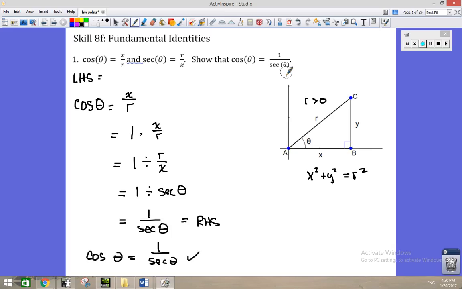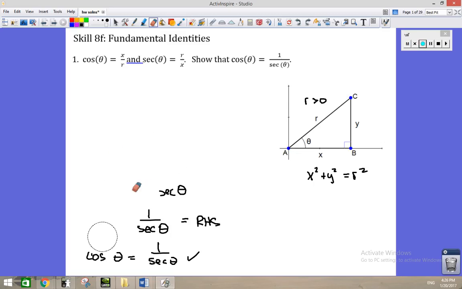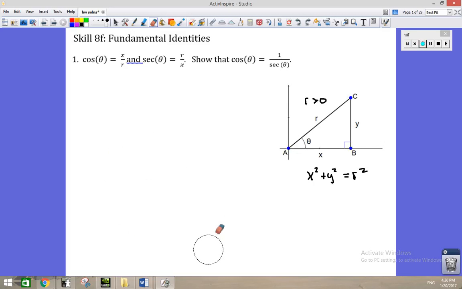So let's start with the right-hand side and see if people could have done it there. And probably, if given the choice, I would have picked the right-hand side because it appears to be more complicated than the left-hand side. In general, later on when we really get into these, it's usually easiest to simplify something.